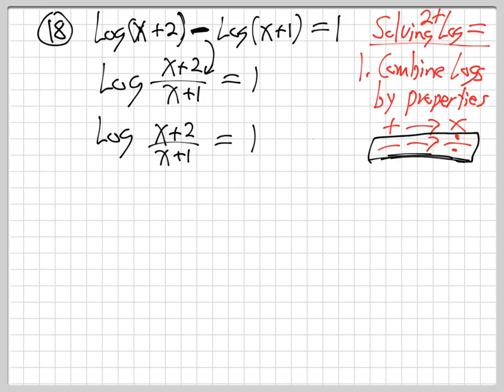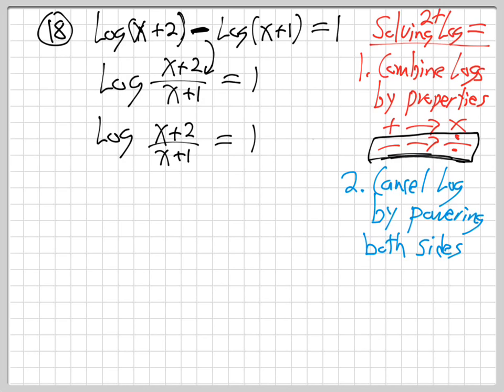So what is step 2? The first step is you combine the logs using the properties. Make them into one log. Step 2 is you cancel the log, get rid of the log by powering both sides by the base. Now what's the base?